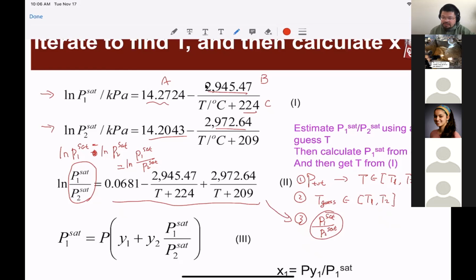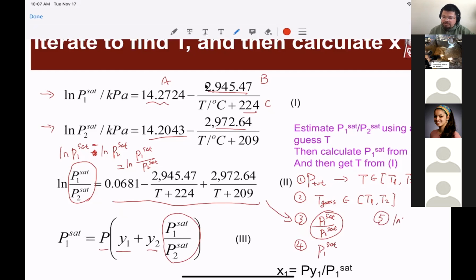So the convenience of having this ratio is now, moving forward at this temperature guess, I know the P1 set to P2 set ratio, and y1, y2, P total are known to us. So from there, we can calculate P1 set. Okay. If I know P1 set, of course, this is under the temperature guess, then I can move forward to the fifth step.